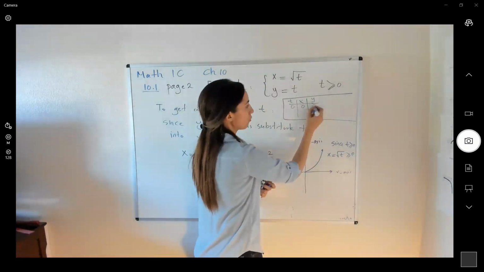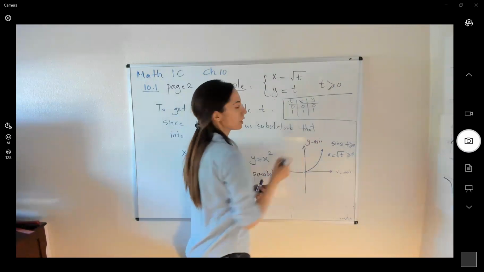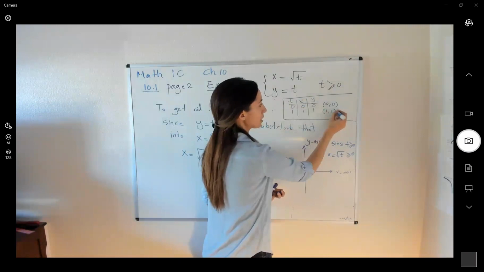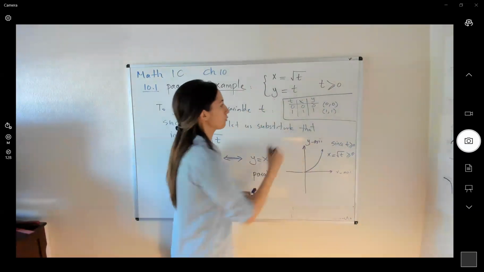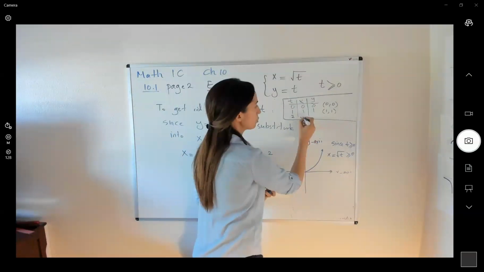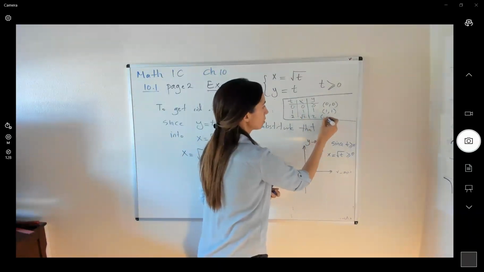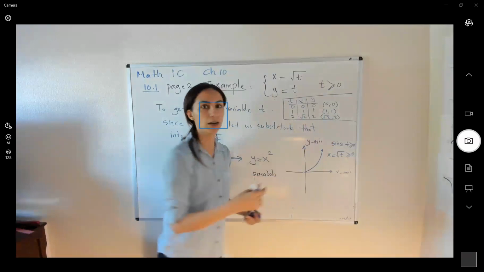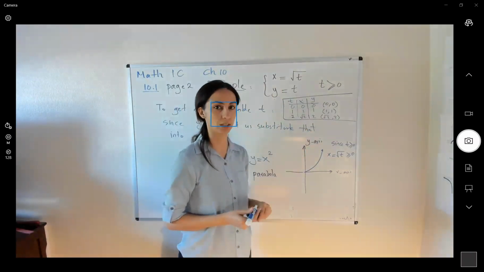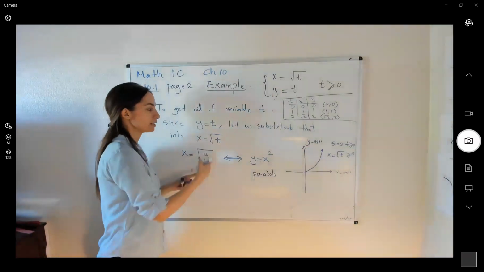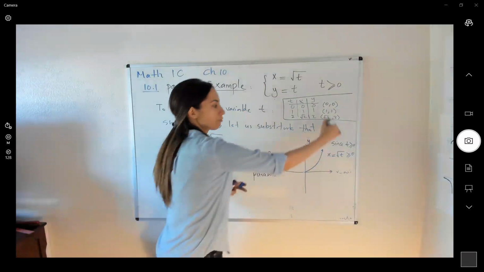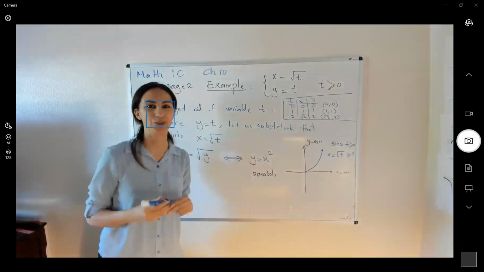If t is equal to 1, my x is 1, my y is 1. So the first point on the graph is 0, 0. The second point is 1, 1. If I plug in 2 as t, then x is square root of 2, y is 2. You have to plug in more points to understand the behavior of the position. If you get rid of variable t, you can actually see the position function, which is y equals x squared.